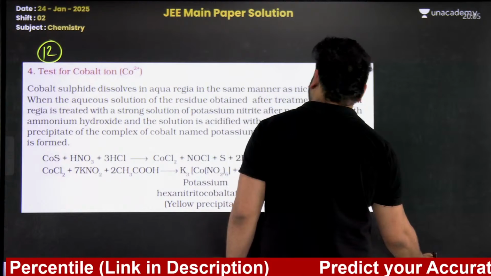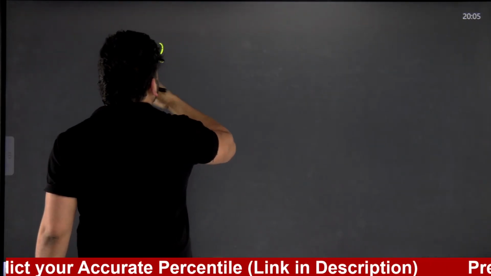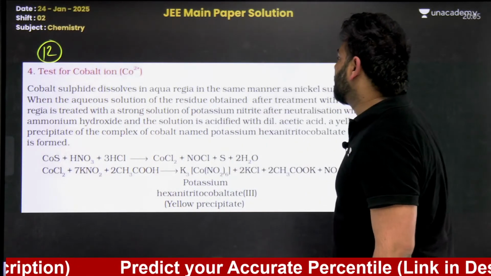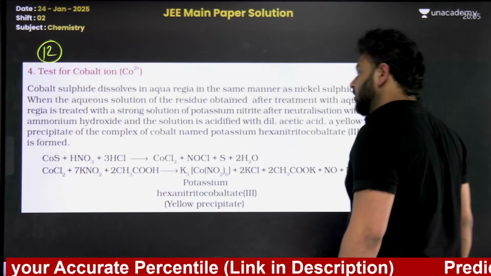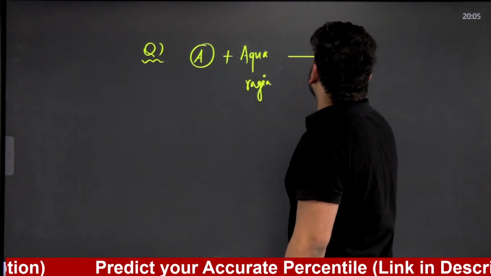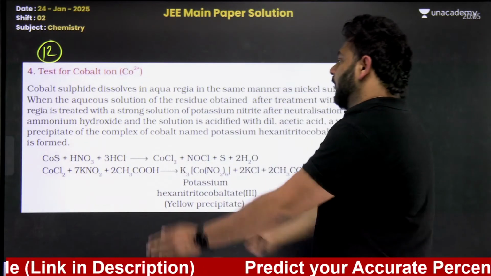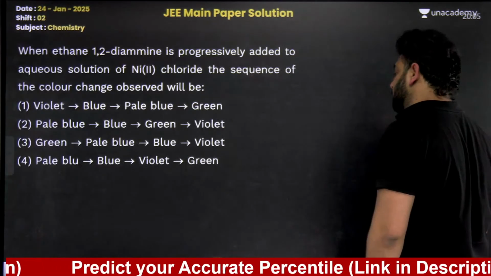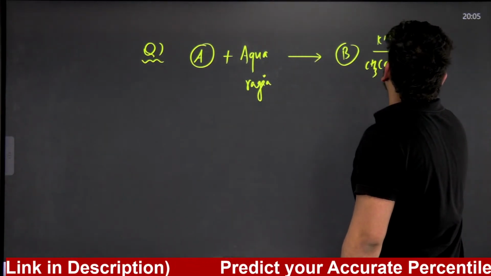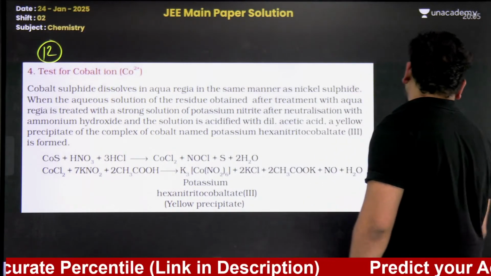The question is: we have a salt A which is dissolved in aqua regia first, and gives a compound B. That B compound on reaction with KNO2 and acetic acid directly gives you a yellow precipitate.